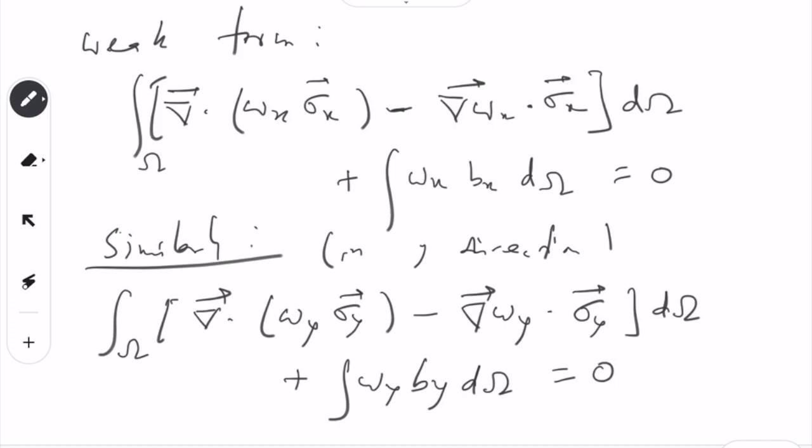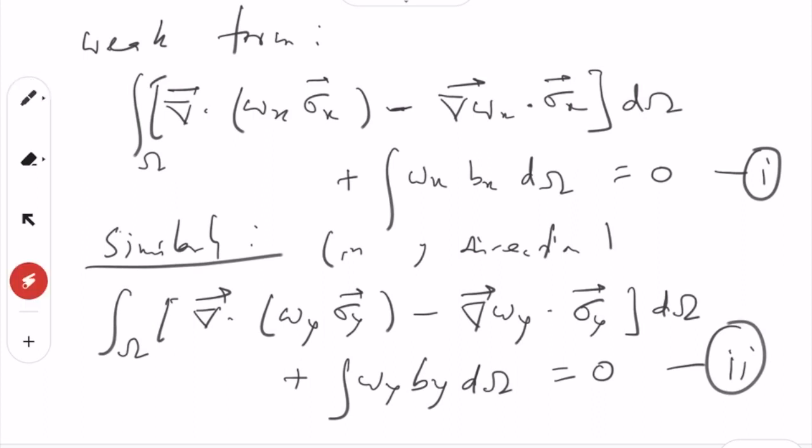So we got equation number 1, this one, and equation number 2 is this one, and we are going to combine them together and see what is the meaning of that. We can also simplify it further, so that will help us to combine these two equations.